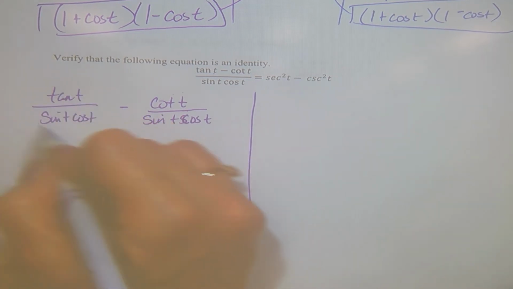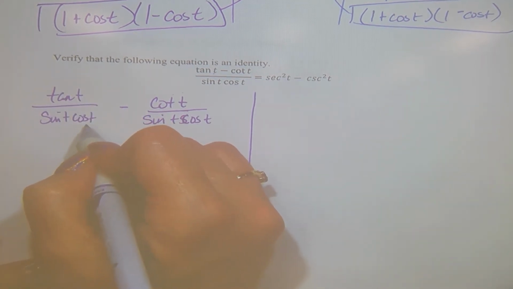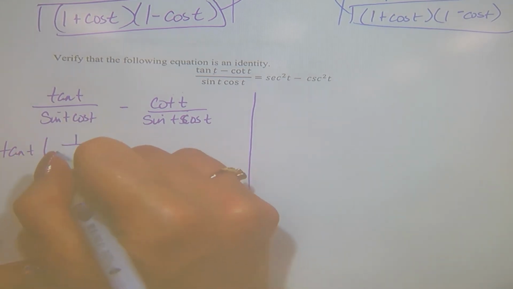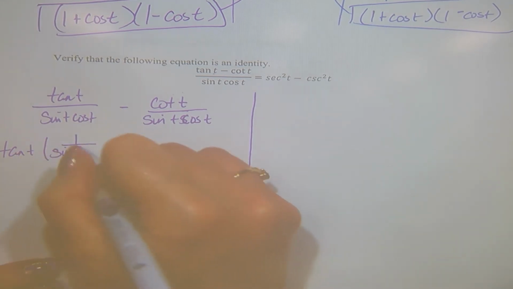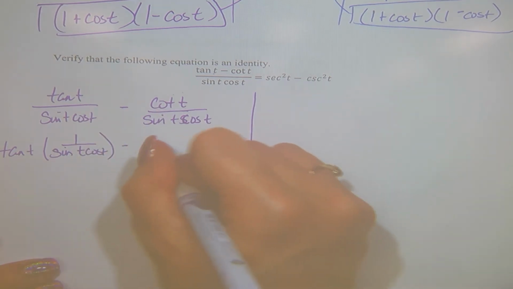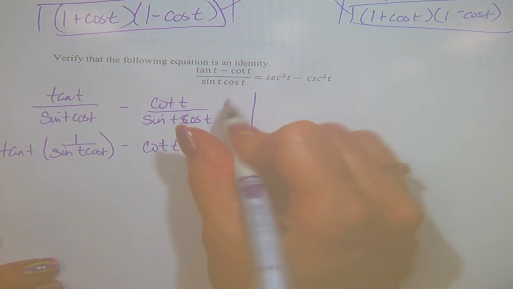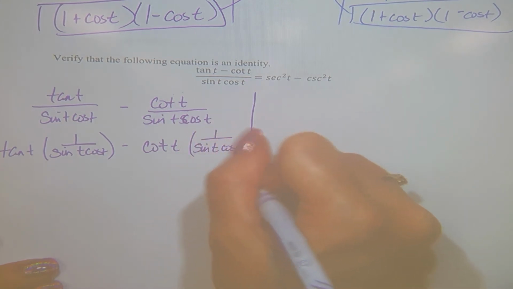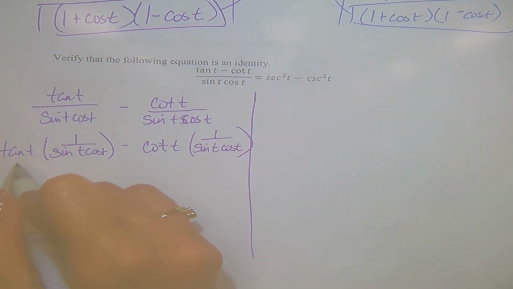So in order to make it more simple, not have to flip and find reciprocals of this denominator, I'm just going to pull tangent t out front and do 1 times 1 over sine t cosine t as my second factor. And then I'm going to rewrite it in terms of sine and cosine.